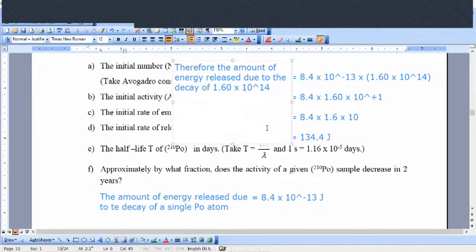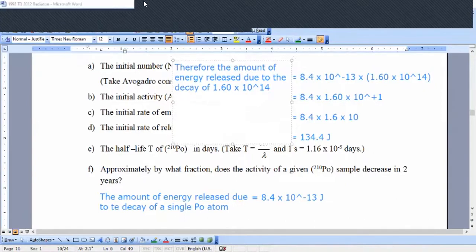Now you can see everything clearly. Who got this answer? Anybody in the class? Now who got this answer?